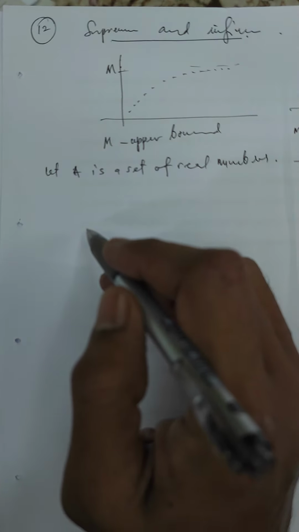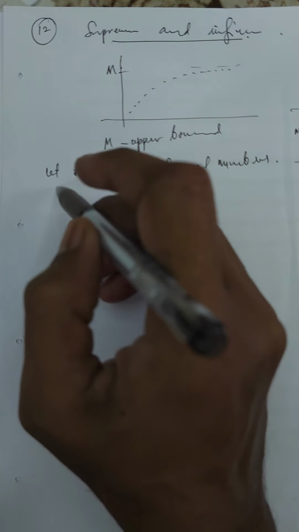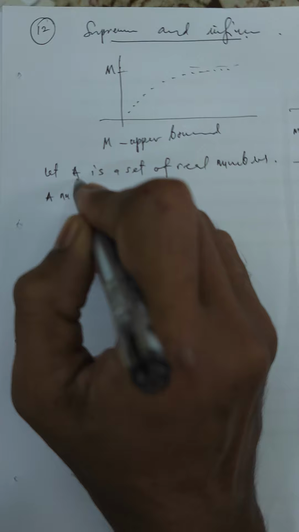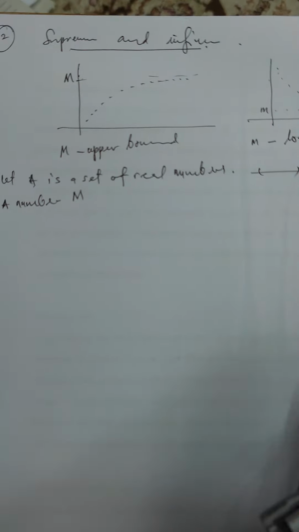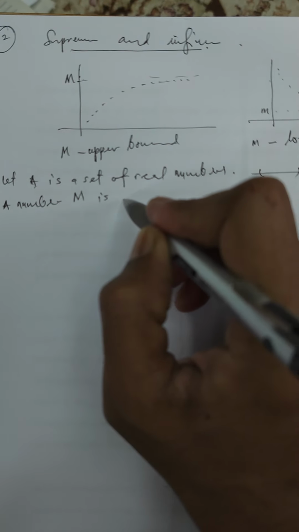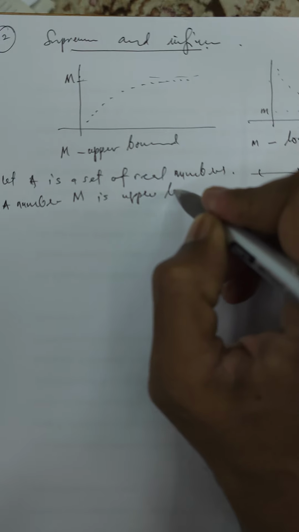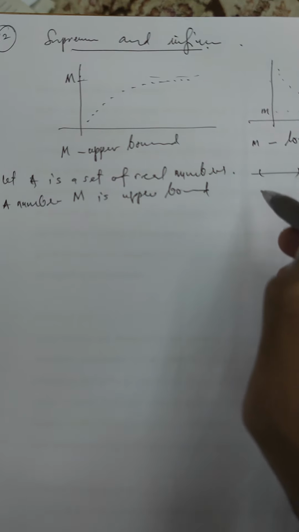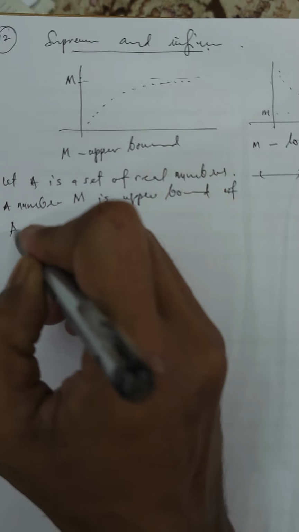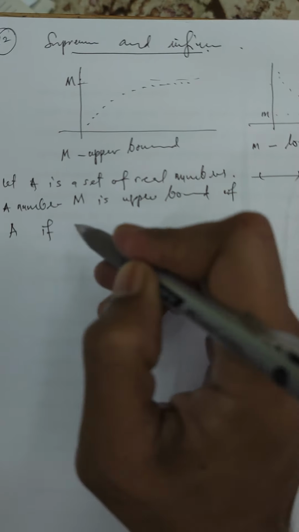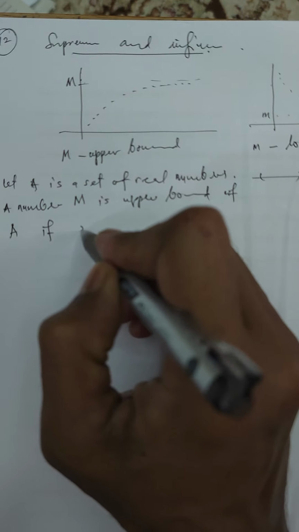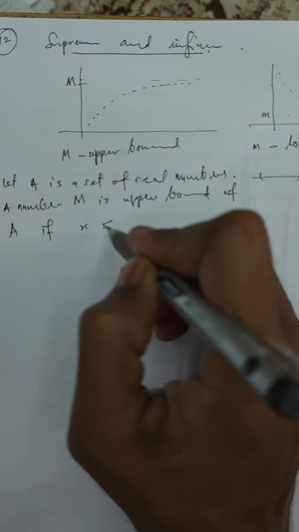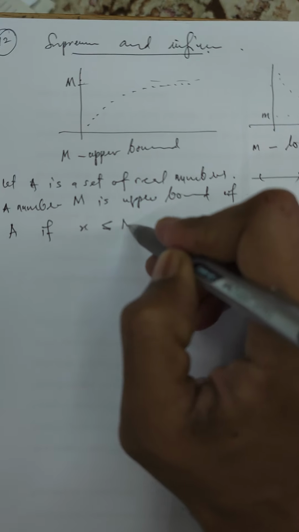Now we say a number m, capital M, is an upper bound of A if any number x within that set is less than or equal to m.